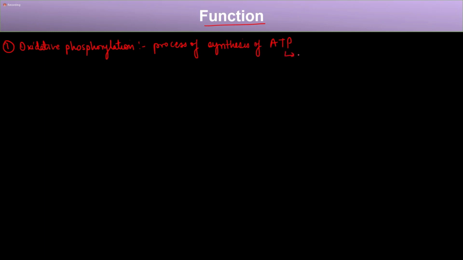The first major function is oxidative phosphorylation, which is the process of synthesis of ATP. And this ATP is known as the energy currency of the cell, right? A cell has energy in the form of ATP.